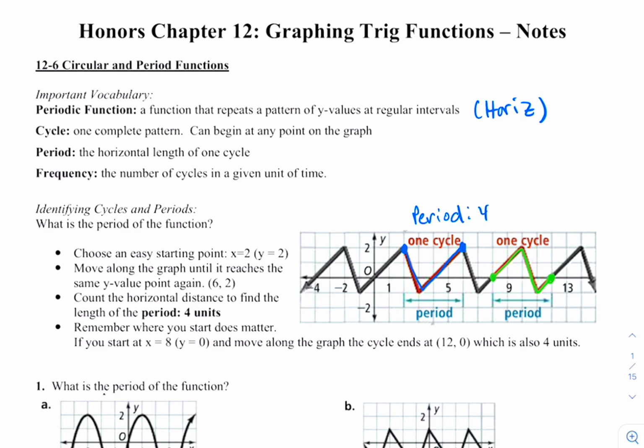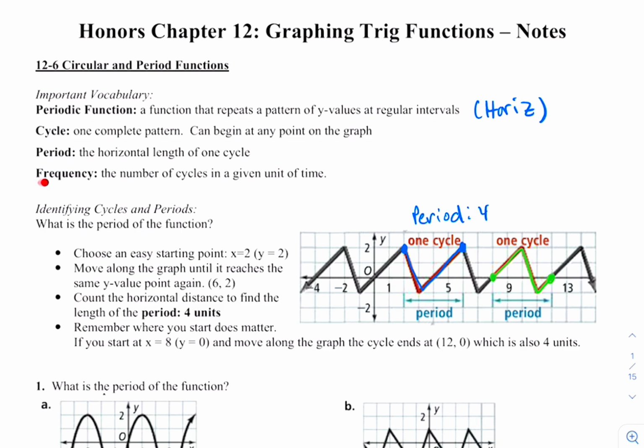And it doesn't matter which cycle I use. If I use this one and count my horizontal distance, this would be 1, 2, 3, 4. So no matter what our cycle is, the period has to be the same within that function.